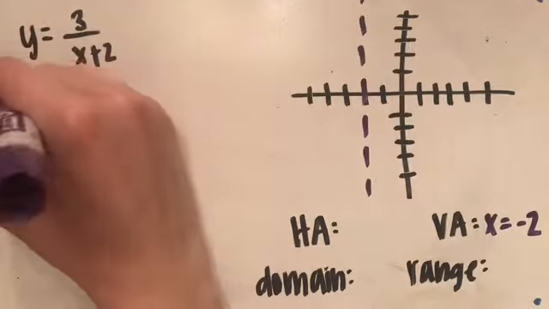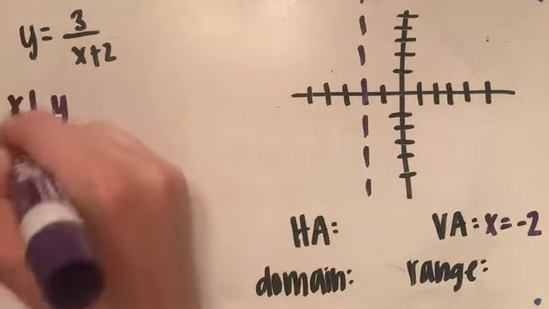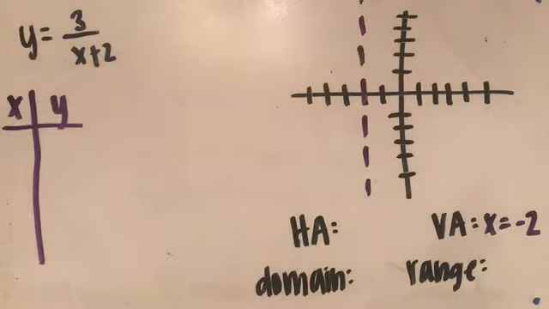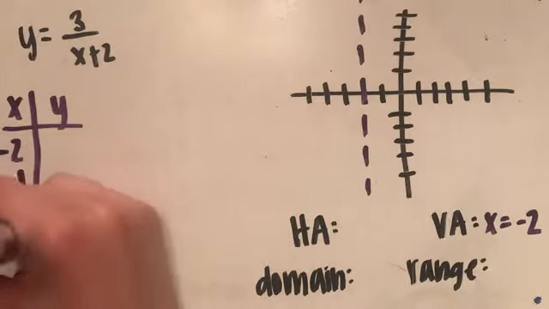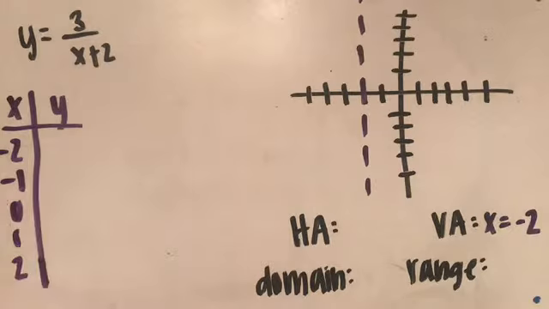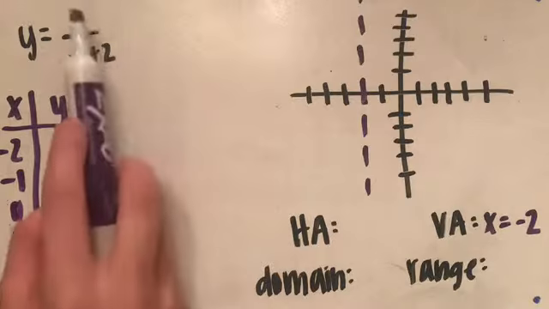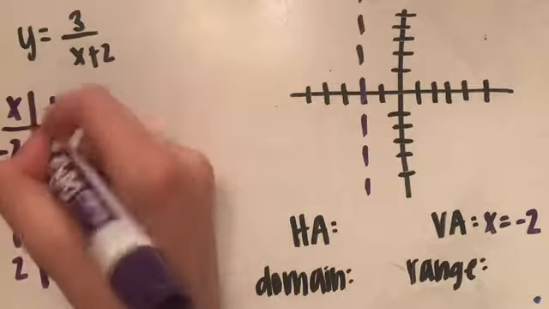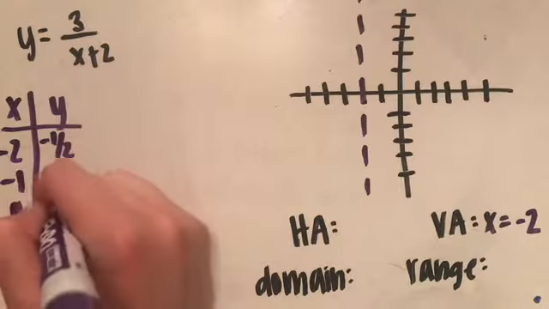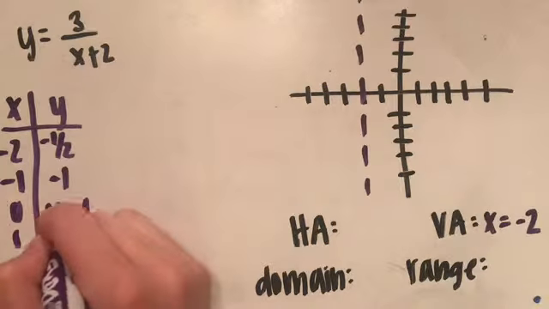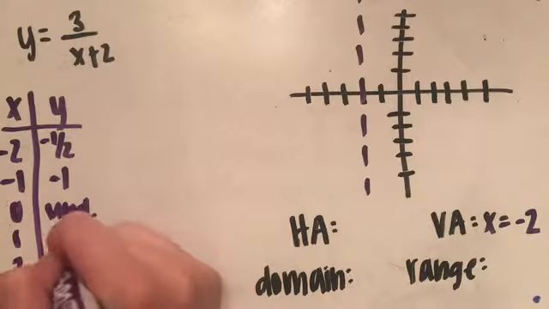So we have our x and y values, and we just do it normally: -2, -1, 0, 1, 2. If we were to have 1 over x in this position, then we would have -1/2, -1, undefined, 1, and 1/2.